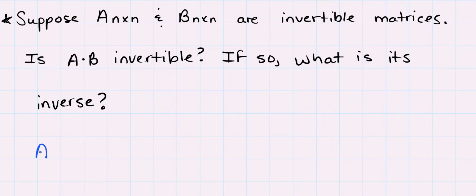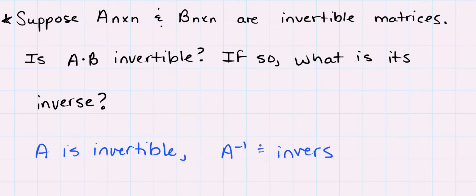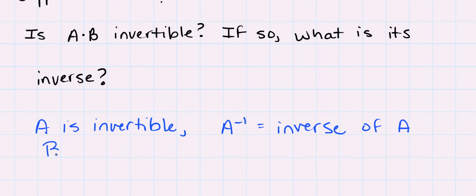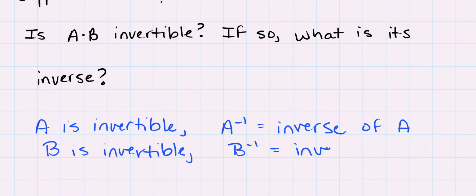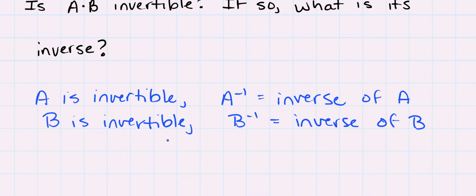Now we know A is invertible, so that tells us that we have this inverse, A to the negative 1. We know B is invertible, so B to the negative 1 is going to be the inverse of B. And we want to see if A times B has an inverse.